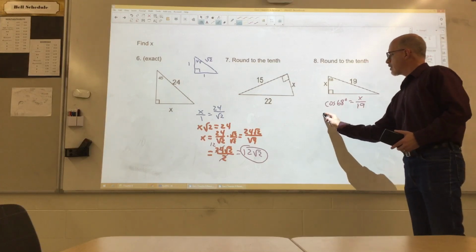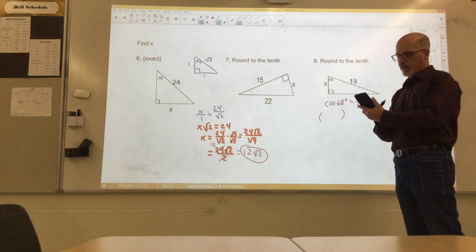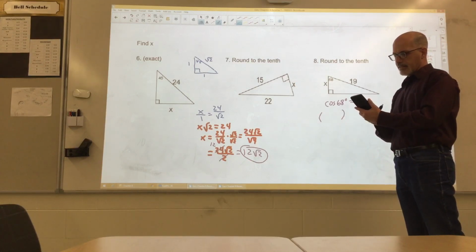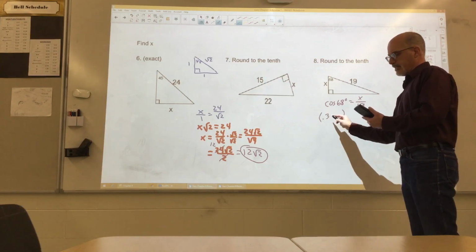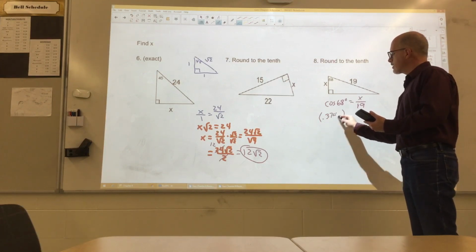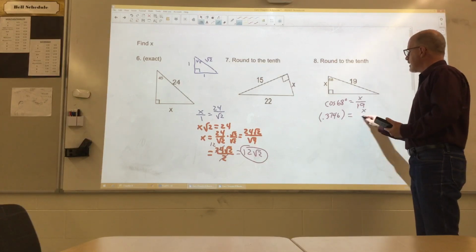Let's figure out what cosine of 68 is to 4 decimal places on our calculator. Cosine of 68 gives me about 0.3746. Okay, that equals x over 19.